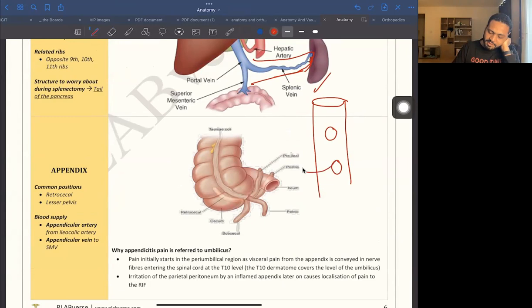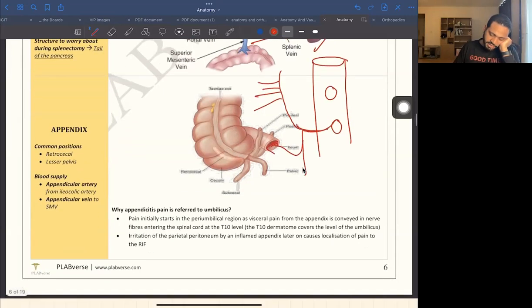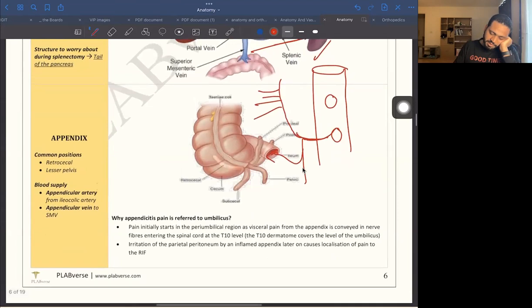To this side, it gives the right colic branch and the ileocolic branch, which gives the appendicular artery. So the appendicular artery comes from the ileocolic artery, which comes from the superior mesenteric artery, okay? And the appendicular vein is the venous drainage that goes to the superior mesenteric vein.